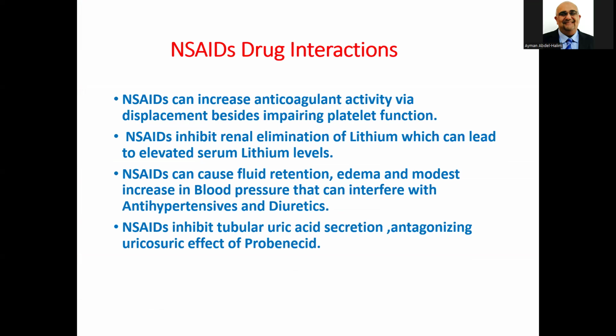Lithium, we use it in bipolar disorder, basically. NSAIDs can cause fluid retention, edema, and a modest increase in blood pressure that can interfere with antihypertensives and diuretics. NSAIDs inhibit tubular uric acid secretion, antagonizing the uricosuric effect of probenecid. So don't give it with probenecid.